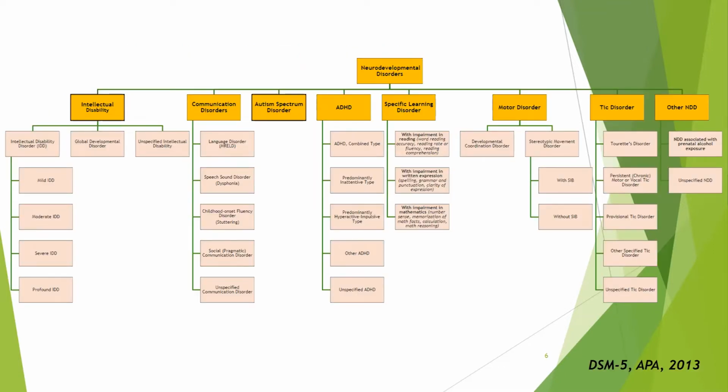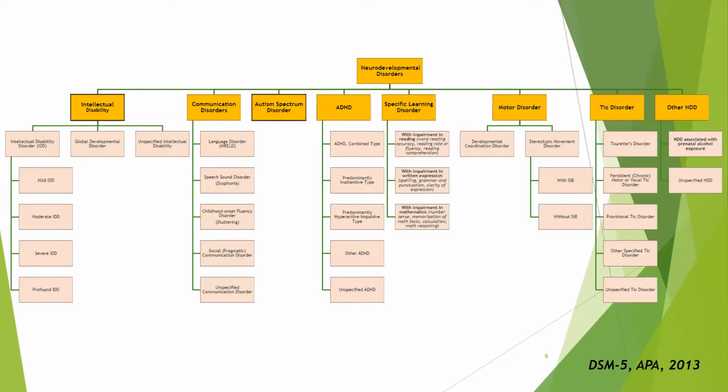So this slide shows the range of neurodevelopmental disorders. This was a new category introduced in the Diagnostic and Statistical Manual of Psychiatric Disorders in the 5th edition, which was released in 2013.